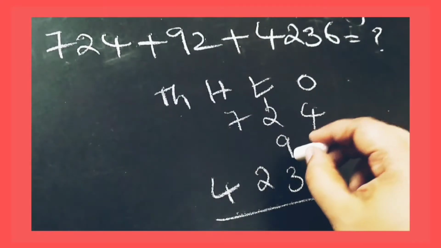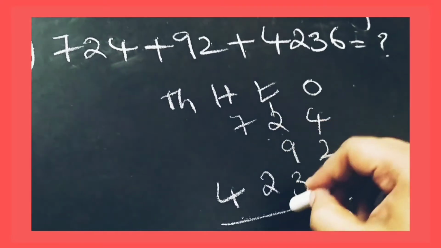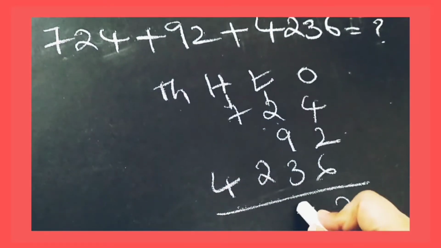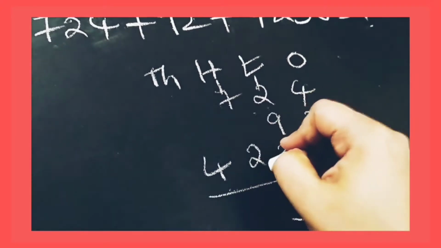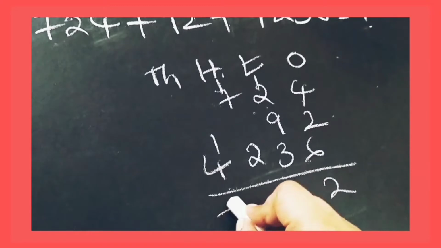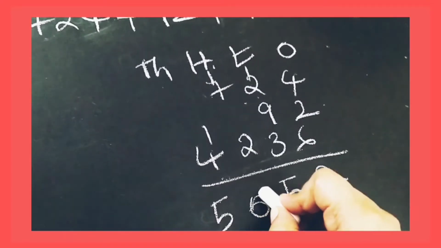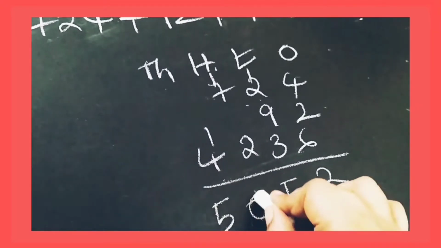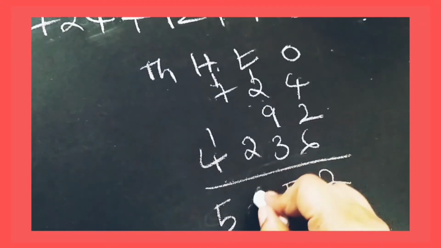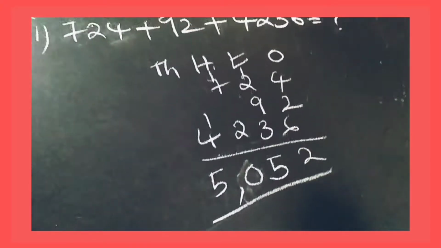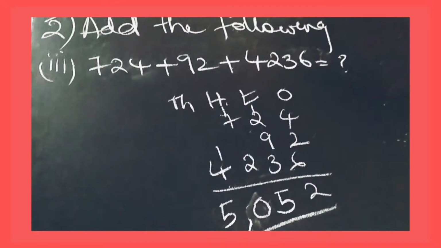Okay. 9, 10, 11, 12, 13, 14, 15. 7, 8, 9, 10. 4 plus 1 is 5. This is 0. So it is 5052.